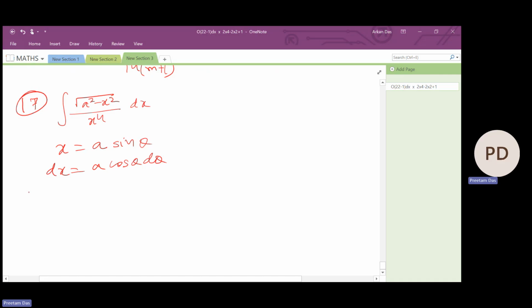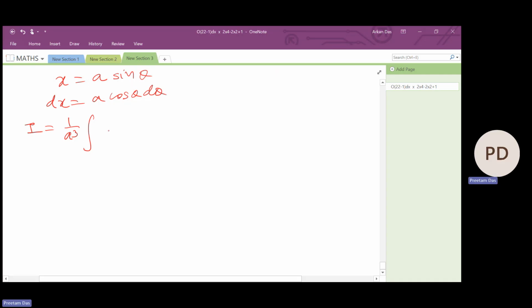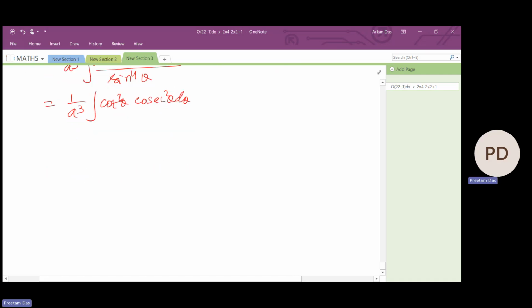So this integration now reduces to 1 over a cube integration of cos square theta d theta by sin raised to 4 theta. A little bit of simplification of this gives cot square theta cosec square theta d theta. How to integrate this? Consider cot theta as y and then integrate.